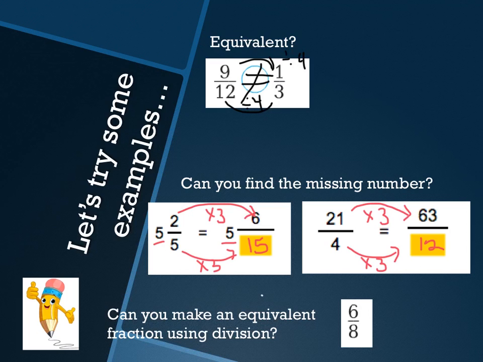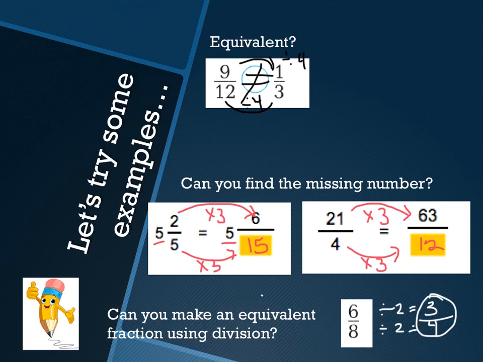Can you make an equivalent fraction using division? What number can divide into both 6 and 8? Did you say 2? 6 divided by 2 is 3. And 8 divided by 2 is 4, showing me that 3/4 is equivalent to 6/8.